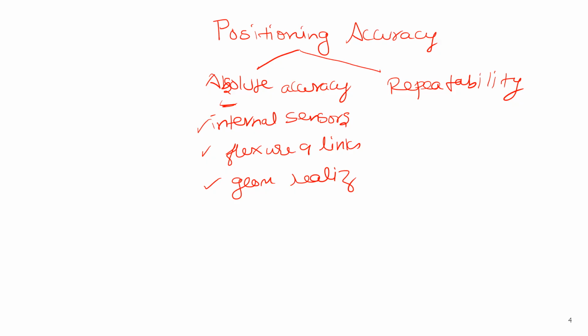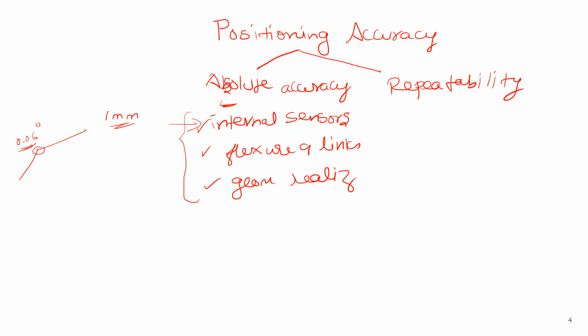In general, the absolute accuracy of a serial manipulator is very poor, right? Because as you know, we will be using the internal sensors. If you have an internal sensor that gives an erratic reading, that is, if you have a sensor to measure the joint position and it is giving an error of say 0.06 degrees, this may lead to an erratic value in your end effector position, say about 1 m, right?